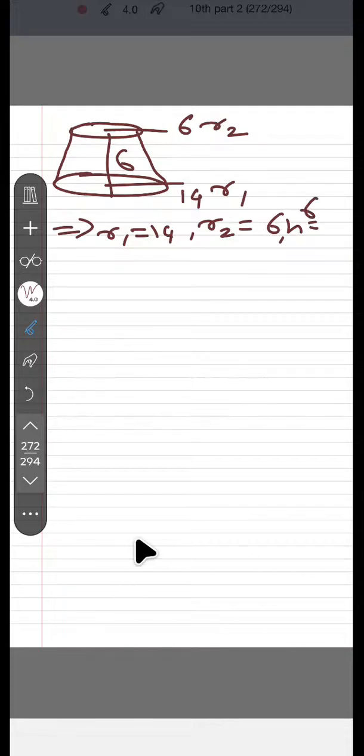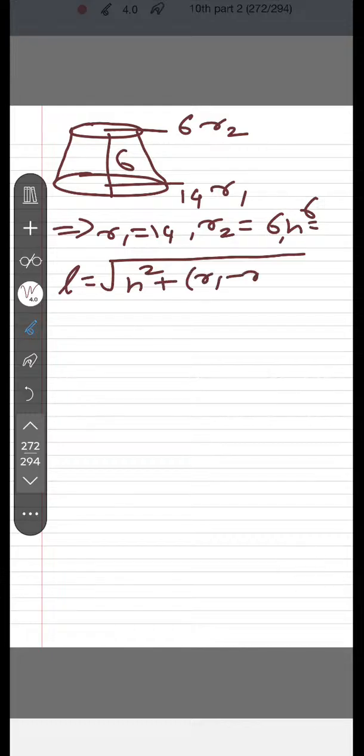So slant height L is equal to, what does the formula say? Square root of h square plus (r1 minus r2) square. The value of h given here is 6 centimeter.